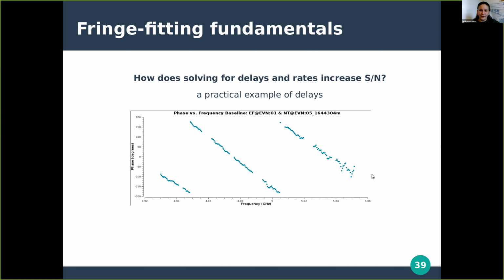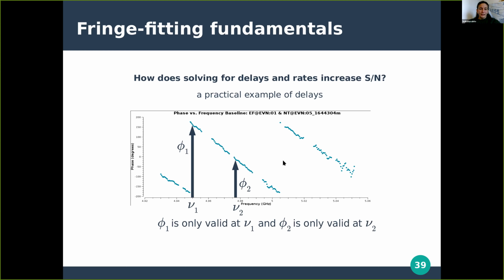So if we're going to find the phase correction that we need to make this flat at 0, we need to find a phase at all the different frequencies here. Typically in normal phase calibration, you would solve for phi 1 at frequency 1, and you would solve for phi 2 at frequency 2, and you would do this at all frequencies across here.